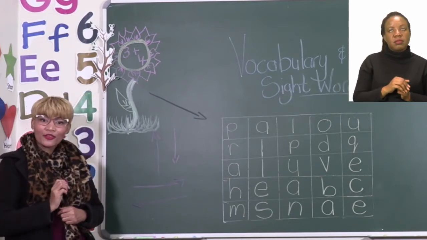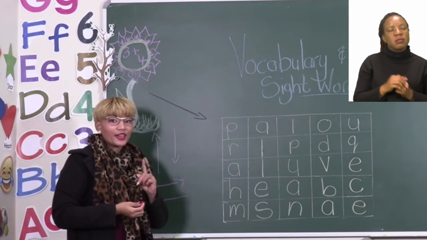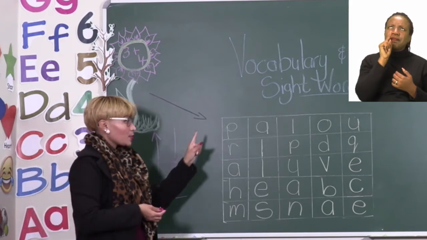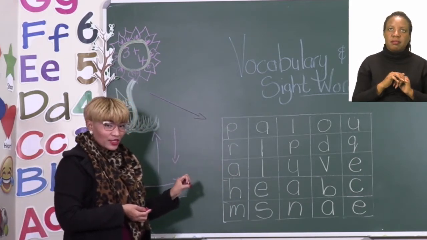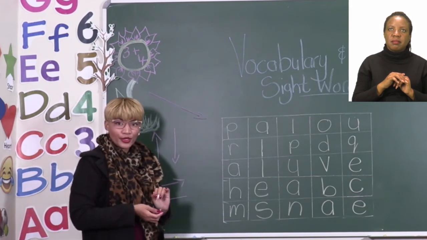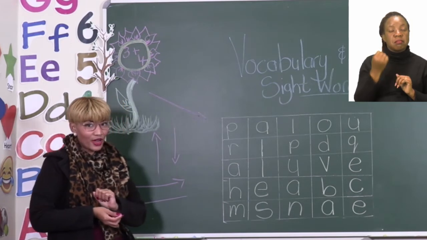Now what you have to do is go back to the block, look at the words and try to find the words in the word search. I took just a little piece of the word search which I put on the board, and here we have 2 words that we can find.